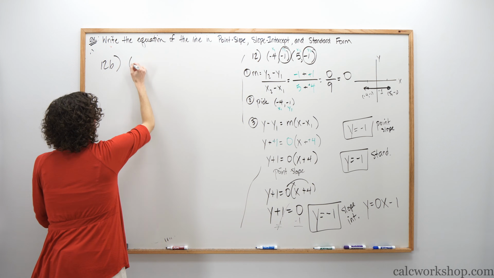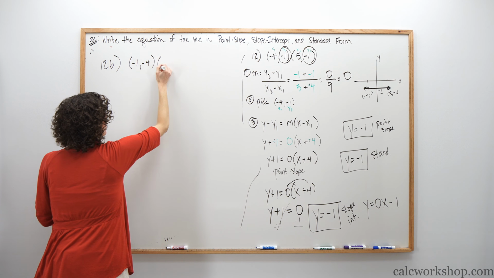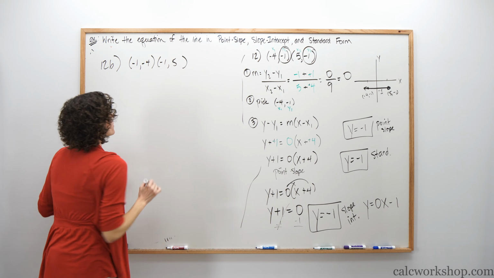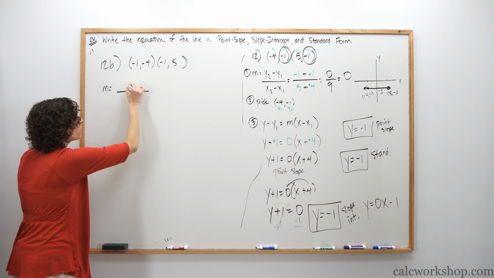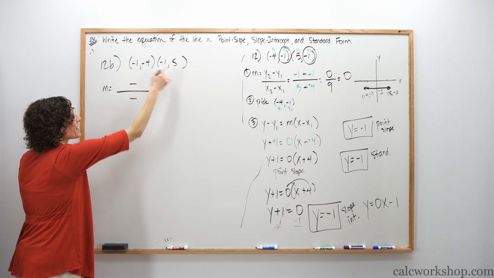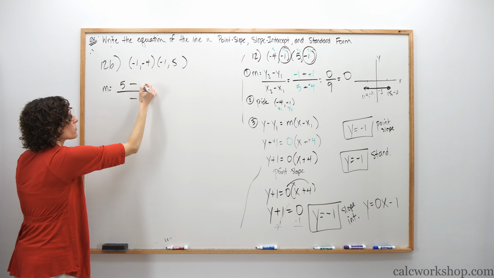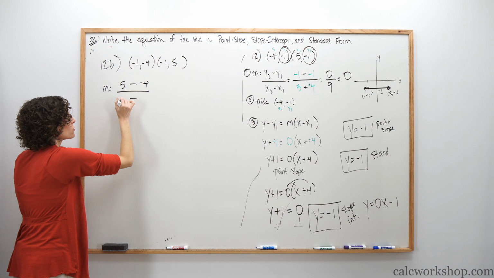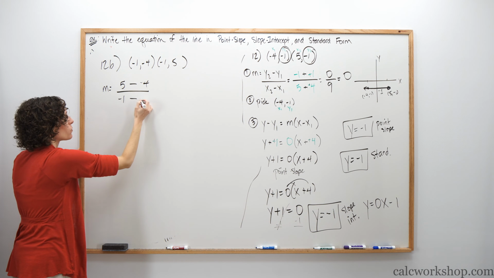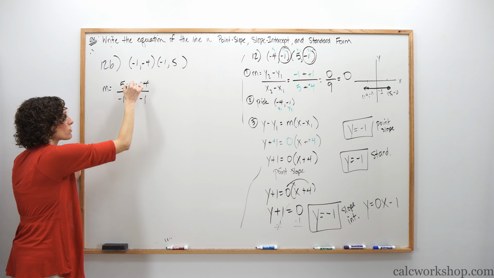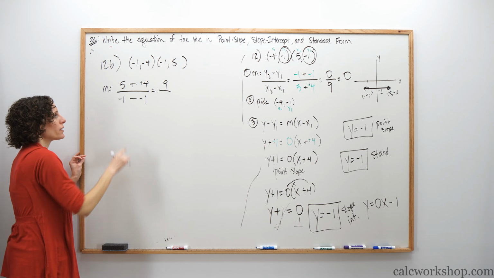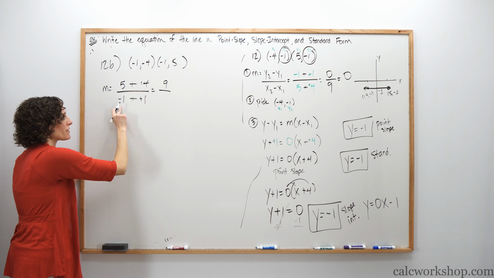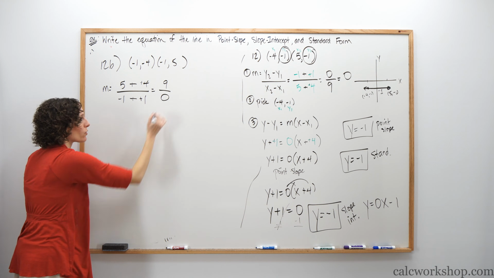Let's change the coordinate to be -1, -4, and -1, 5. Well, when we find the slope this time, we have y2, which is 5, minus y1, -4, over x2, which is -1, minus x1, which is -1. Here, two negatives make a positive, and we have 9, 5 plus 4. Here, two negatives make a positive. -1 plus 1 makes 0.